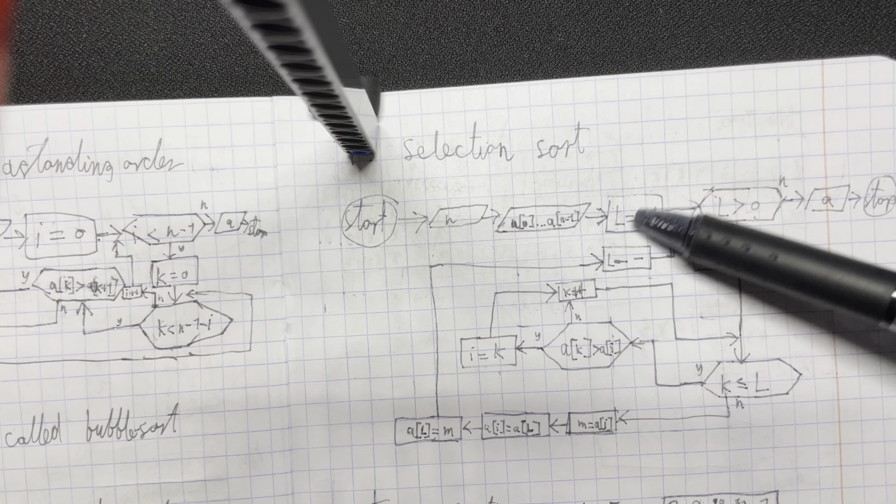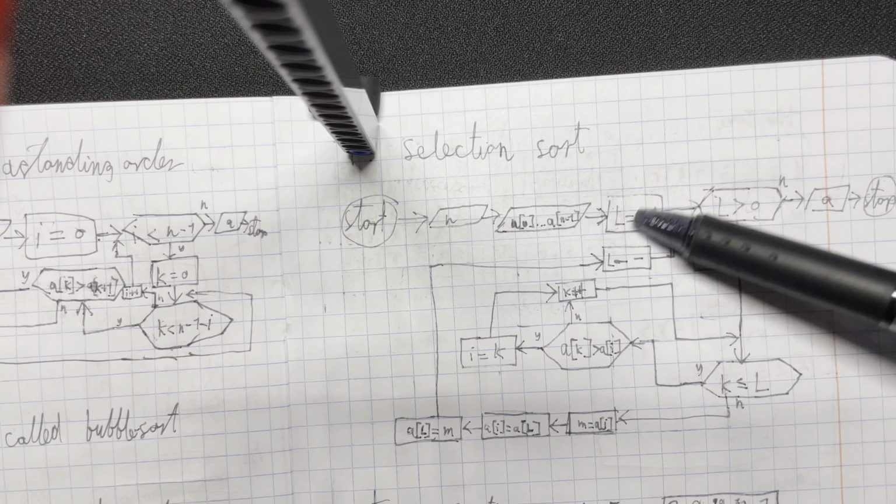Now, of course, if we're going to be taking such an approach, we're going to be checking if L is bigger than 0. Because if it is not, that means we are going to finish and that we have done the operation enough times. This can of course be changed into how we did in the previous ones.